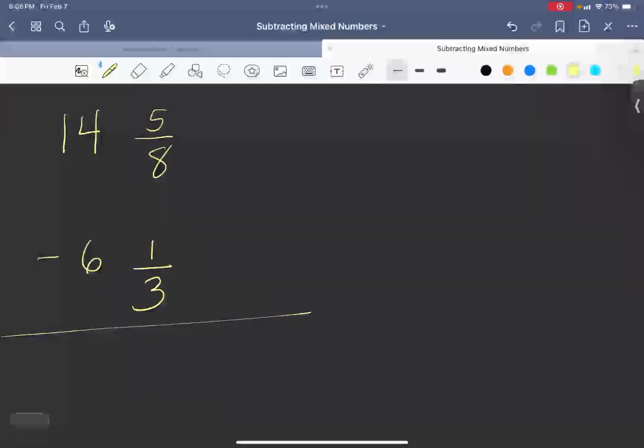Let's look at this one. The denominators are not the same, so I have to find the least common multiple between 8 and 3. Let me give myself some more space. So I'm going to list the first 5 multiples of 8. 8 times 1 is 8, 8 times 2 is 16, then we have 24, 8 times 4 is 32, then we have 40.